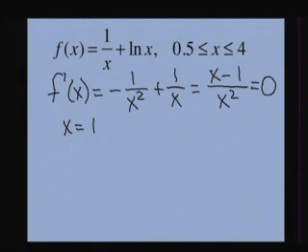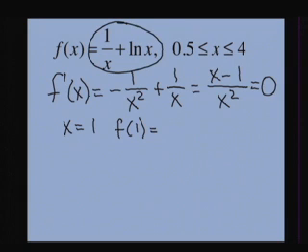Now we'll find f(1), which we substitute back in here, and we get 1/1 plus the log of 1. Now the log of 1 is 0, and so this is equal to 1, and this will turn out to be a minimum point.